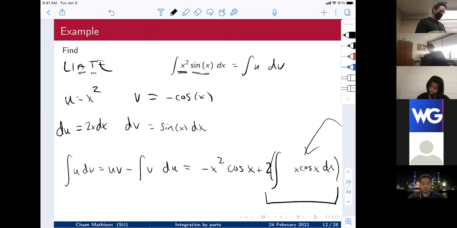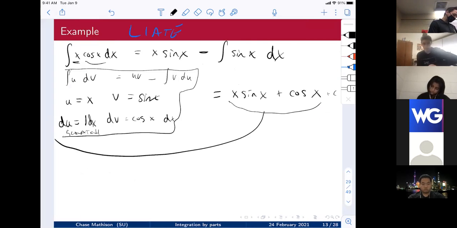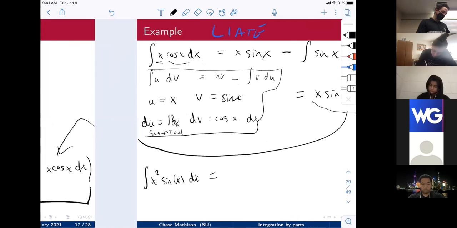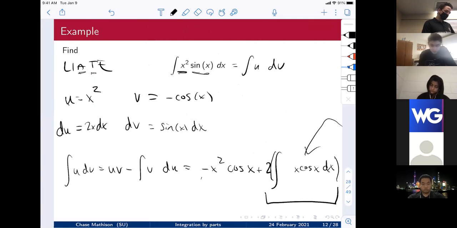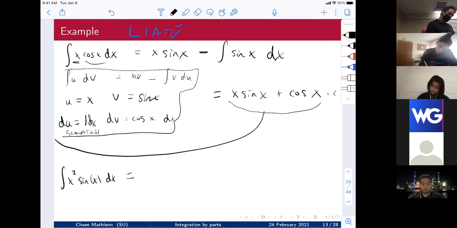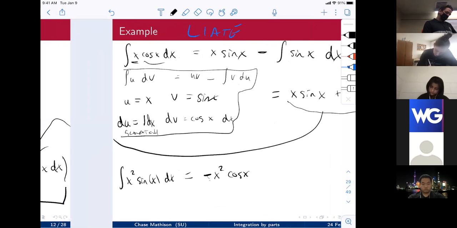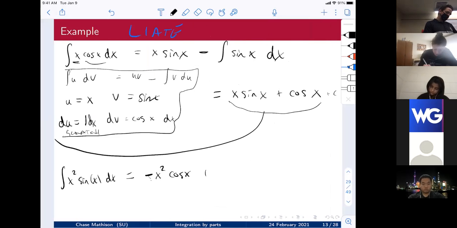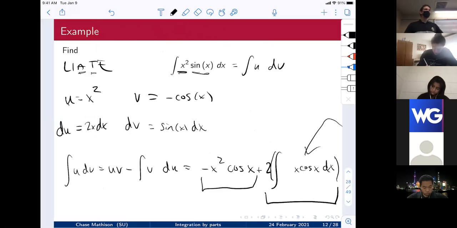So this tells me that my original integral, the integral of x squared sine of x dx, is, well, I come back here, I have negative x squared times the cosine of x plus 2 times the integral of x cosine of x, which we found with another integration by parts.